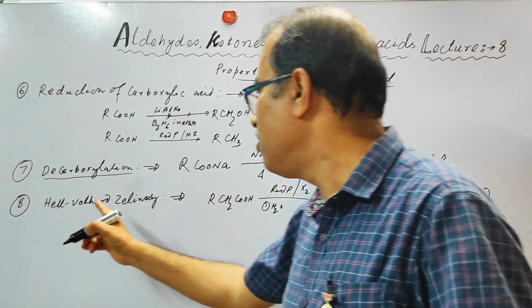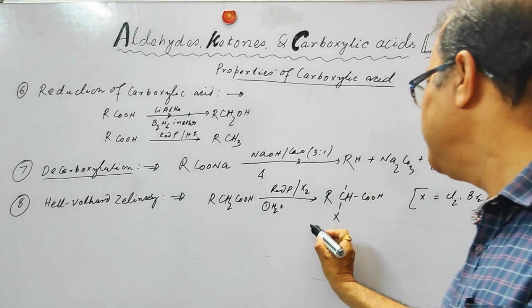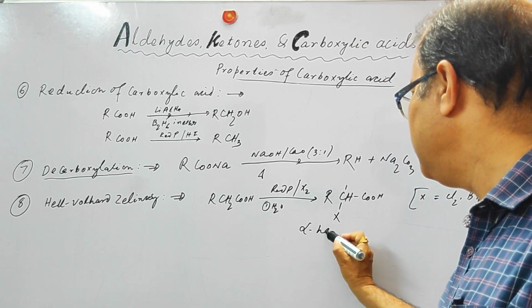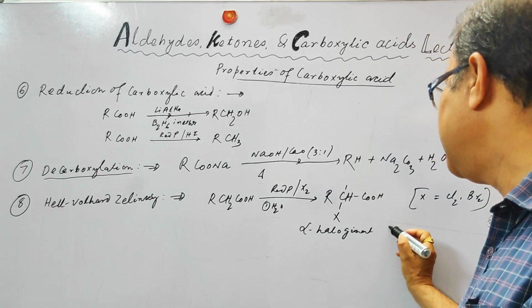This is called the Hell-Volhard-Zelinsky reaction, and here we observe the alpha halogenated carboxylic acid.